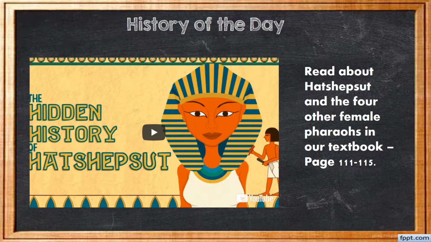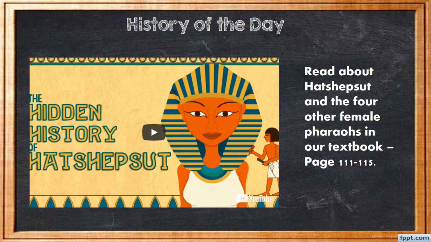And then, in addition to what you read on 109 to 115 about living in ancient Egypt and about that daily living and how we know about that, I want you to also pay attention to Hatshepsut, which you learn about, and 4 other female pharaohs that we learn about in our textbook on these pages. We'll talk a little bit more about the hidden history of Hatshepsut in our flip follow-up, so you can stay tuned for that.